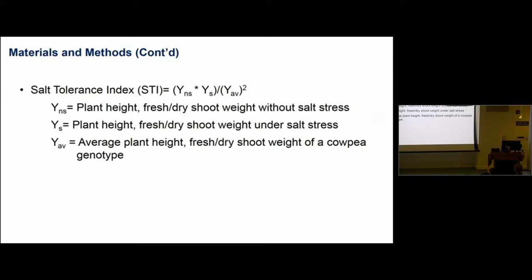We took data on genotypes without salt stress and data on the genotypes under salt stress. And we computed the salt tolerance index using this formula. And then we did some ANOVA and student t-tests for the mean separation.